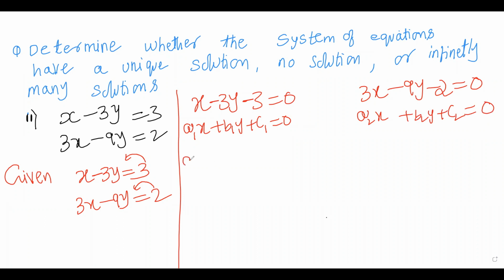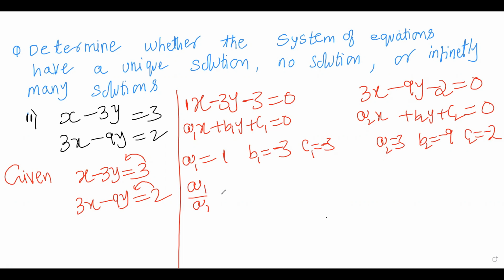What is the A1 value? A1 is 1, B1 is minus 3, C1 is minus 3, A2 is 3, B2 is minus 9, C2 is minus 2. Now check what is A1 by A2. A1 is 1, A2 is 3.